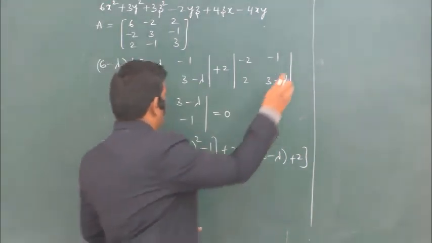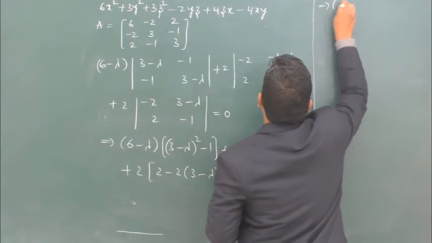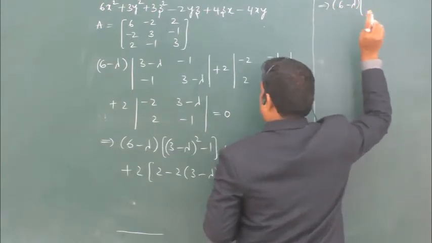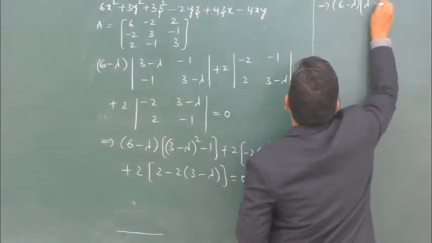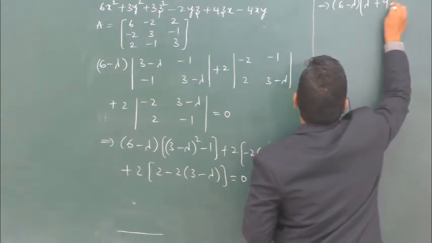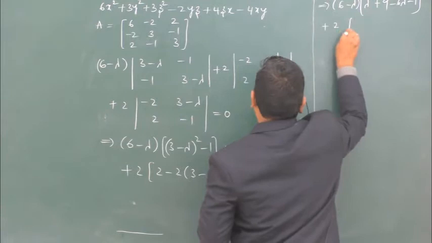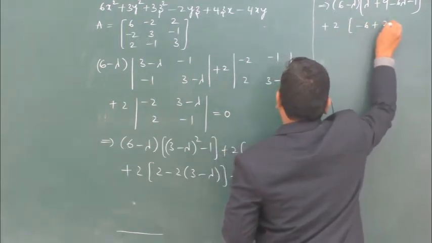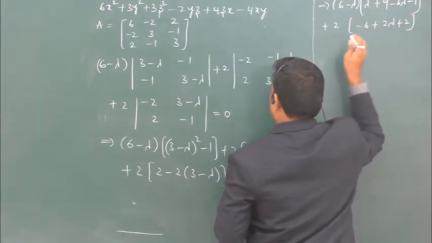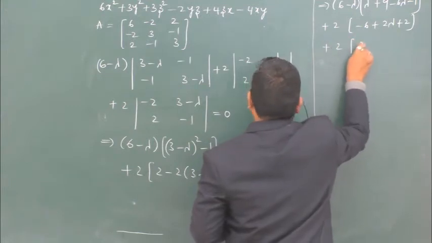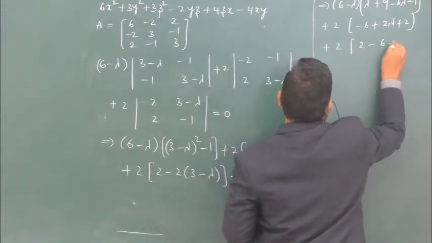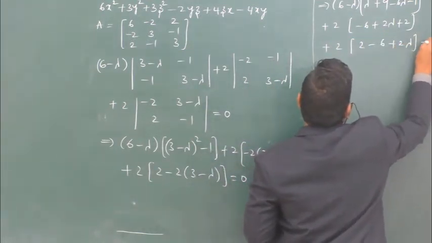Now it is (6-λ)(λ² + 9 - 6λ - 1) + 2(-6 + 2λ + 2) + 2(2 - 6 + 2λ) = 0.